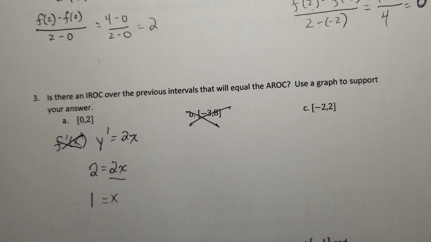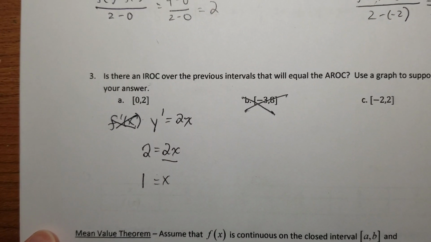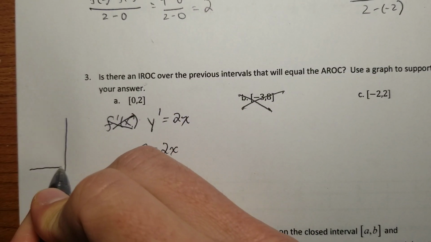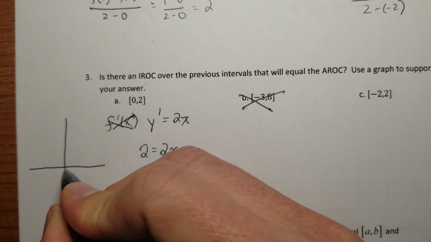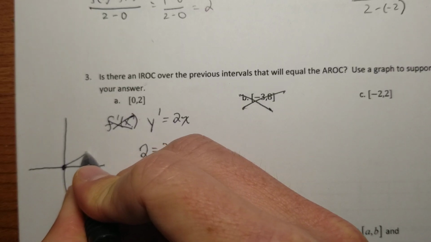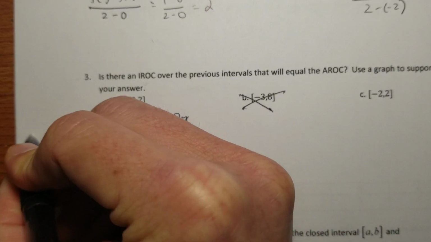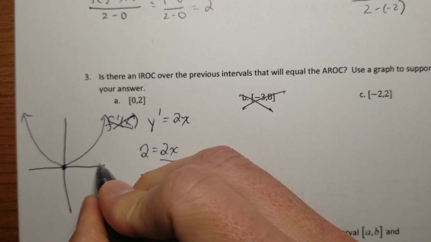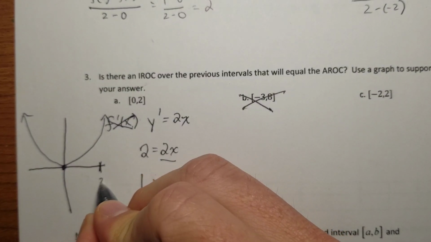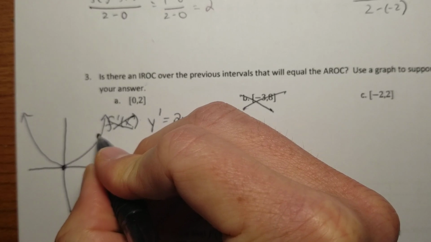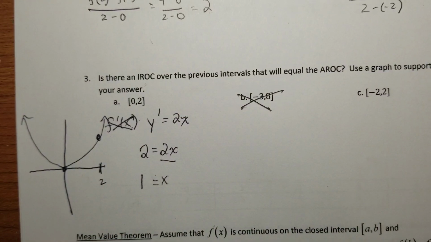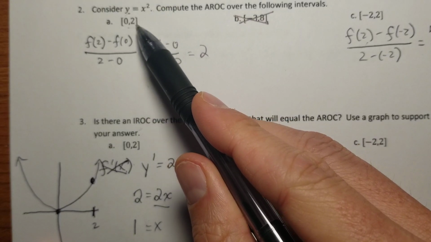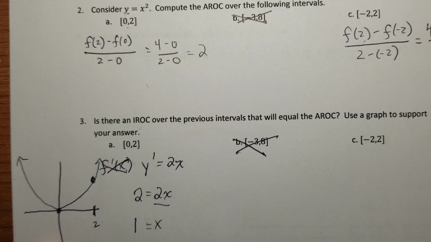Let's go ahead and actually do a graph here to support this. Okay, I'll draw a graph. We end up with our parabola here, and we're looking over the interval from 0 to 2, right? Now, our average rate of change, that's just the slope through the input 0 and the input 2.